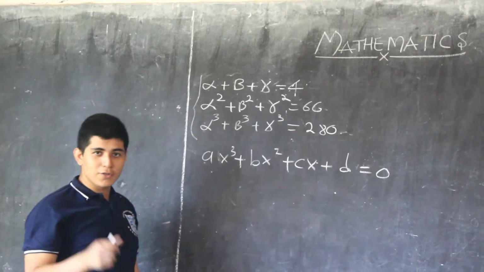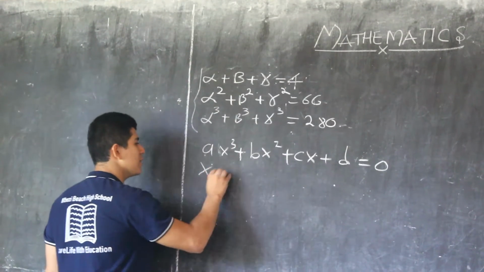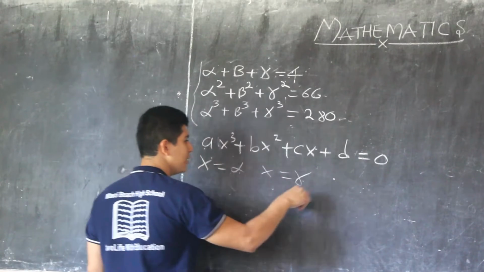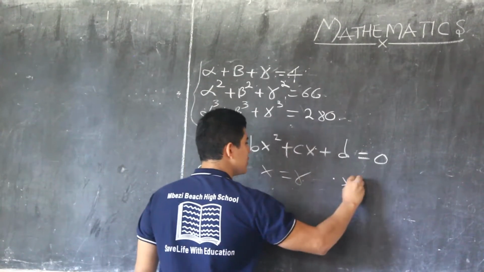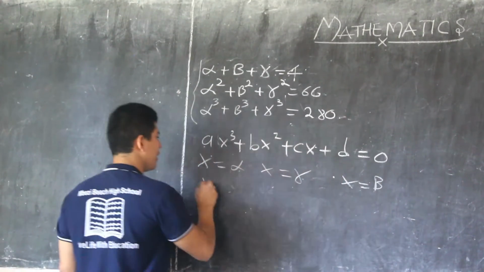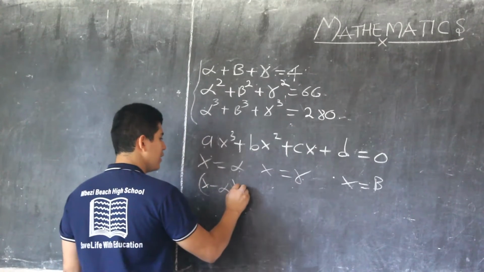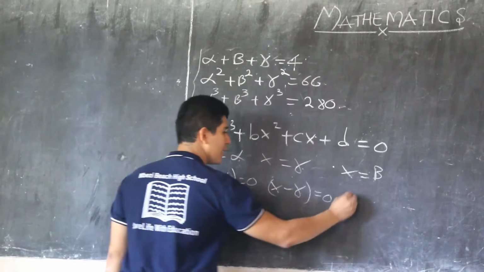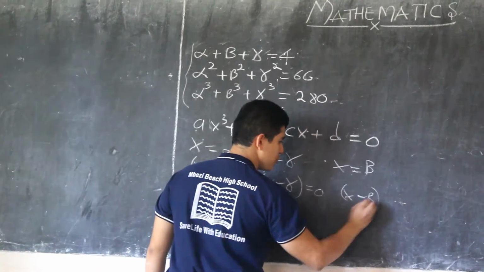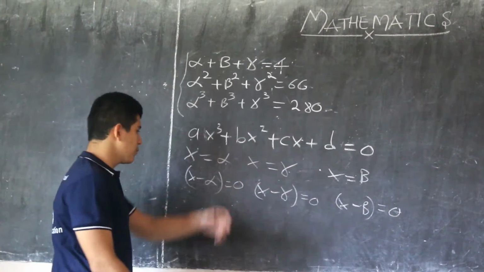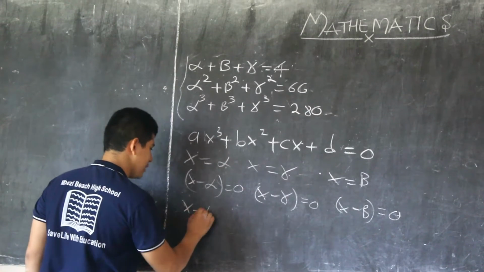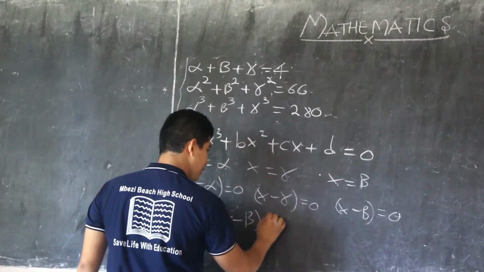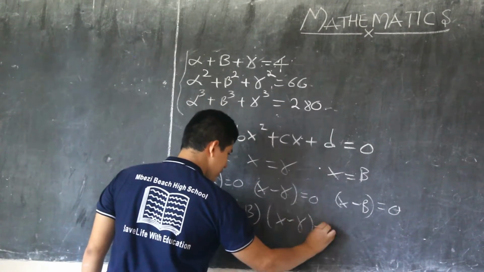So in this case, as I told before, if x is equal to alpha, and x is equal to gamma, and also if x is equal to beta, we can say that x minus alpha is equal to 0 and that x minus gamma is equal to 0 and that x minus beta is equal to 0. If I multiply all of them together, I get x minus alpha times x minus beta times x minus gamma is equal to 0.